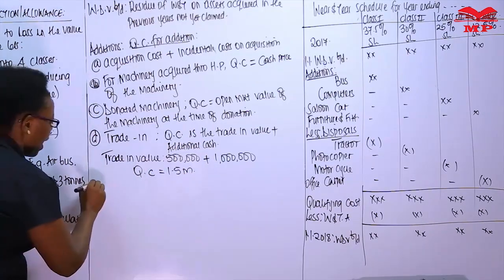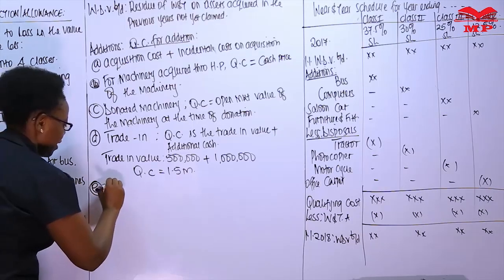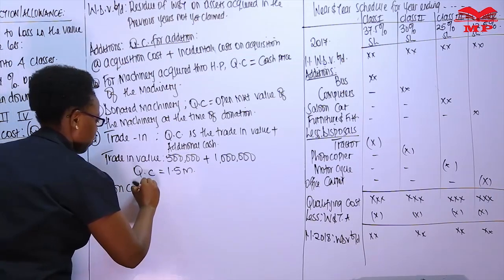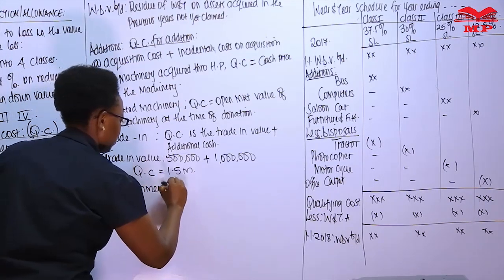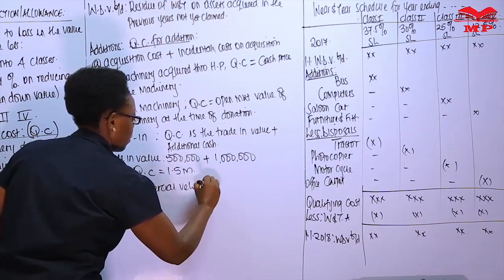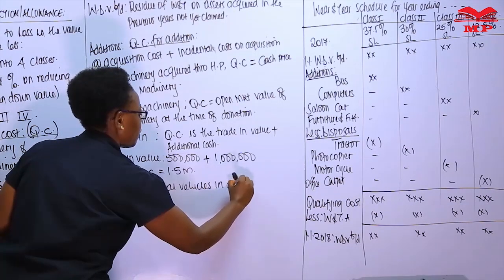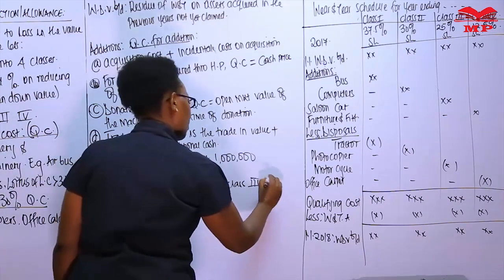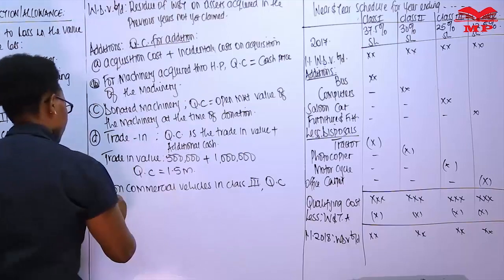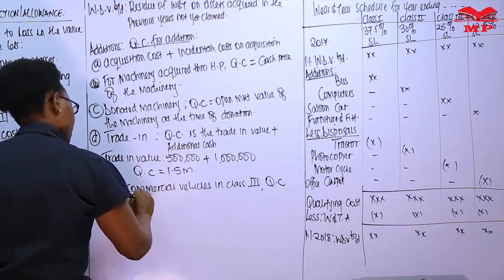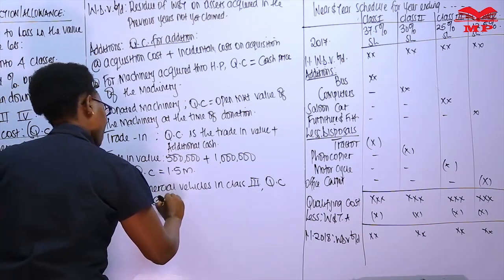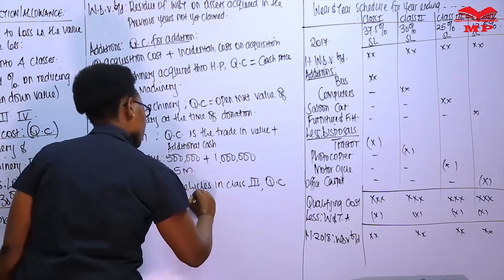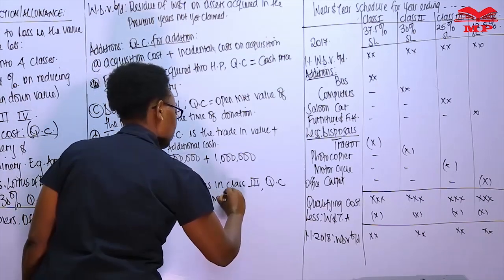Then for some assets, some non-commercial vehicles in class 3, the qualifying cost shall be restricted to 2 million shillings per vehicle.